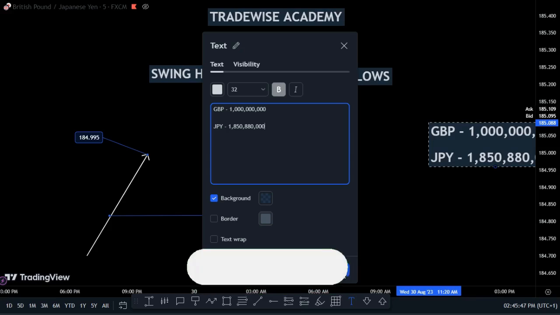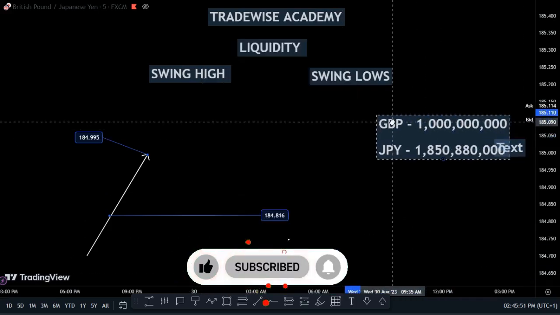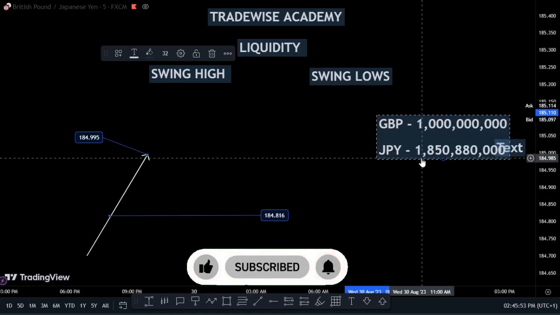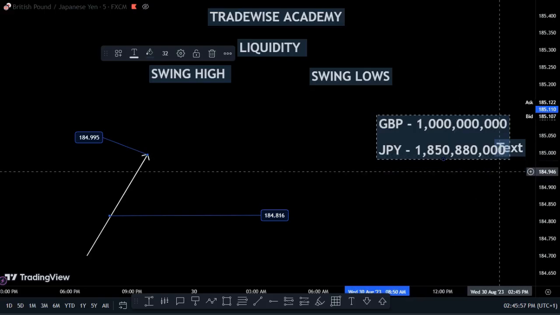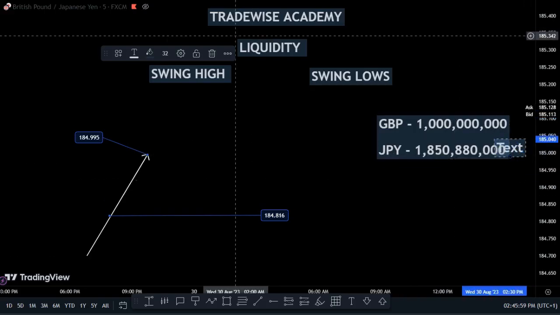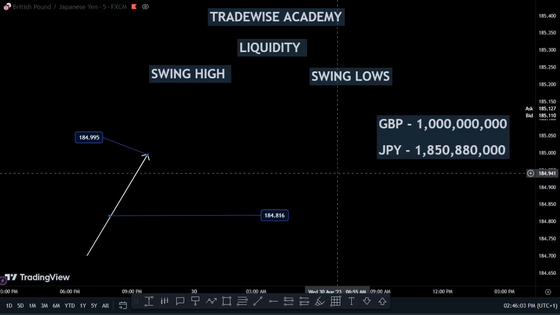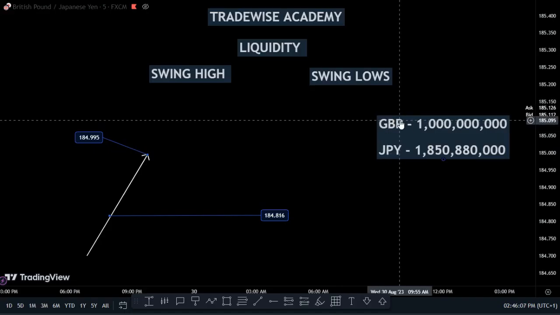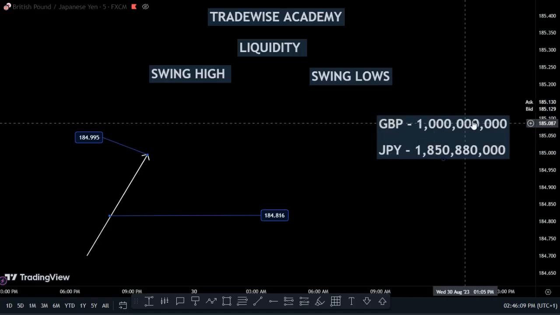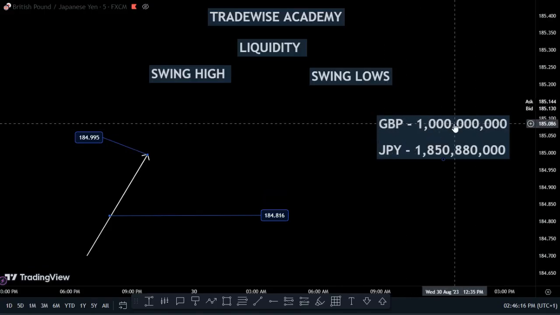So the bank would most likely want to purchase about 1,850,888,000. For them to run this particular order, they need somebody who is willing to sell it to them. Remember, what we do in this business is buying and selling.